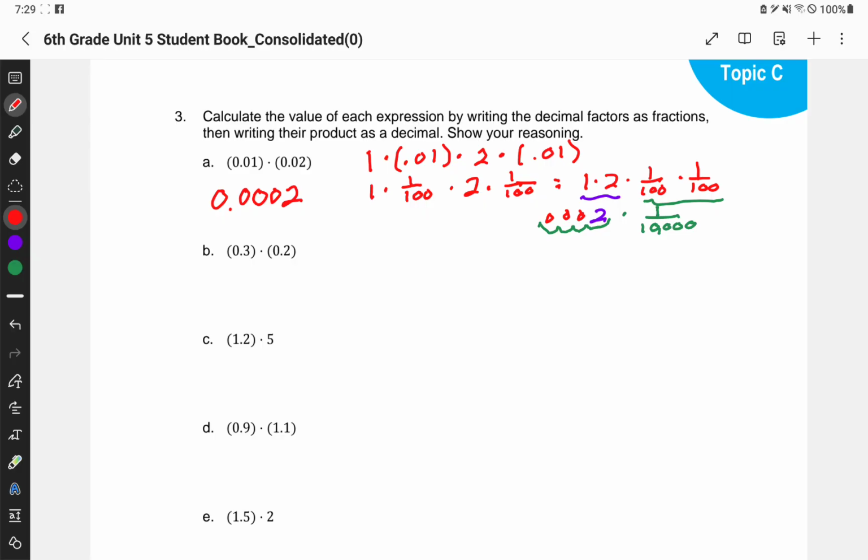Now, we can skip this first step if we want, and we can go straight to 3 times 1 over 10 times 2 times 1 over 10. That's 3 times 2 times 1 over 10 times 1 over 10.